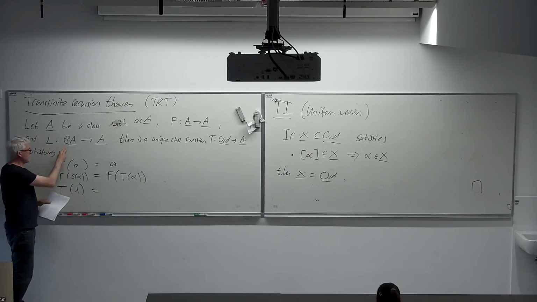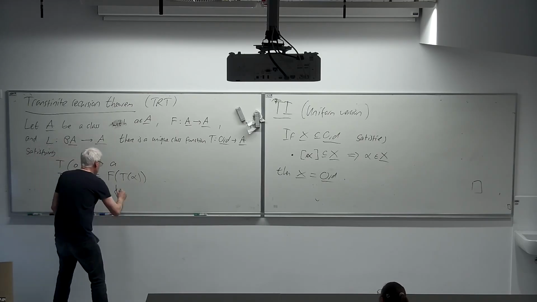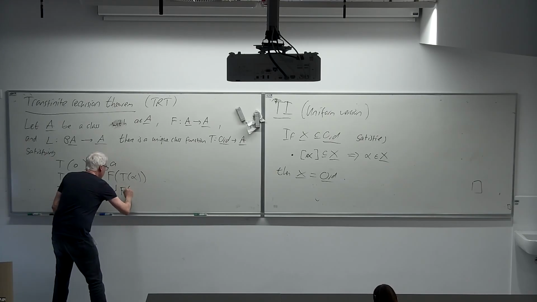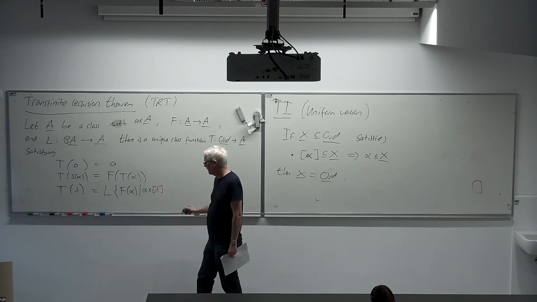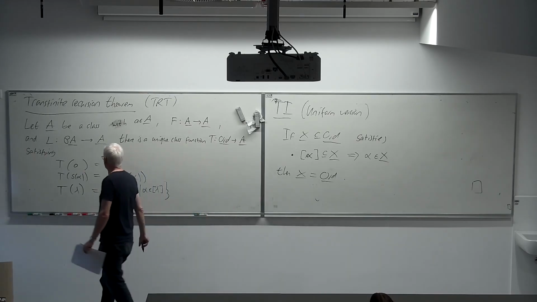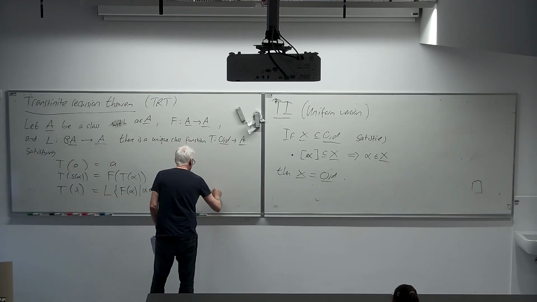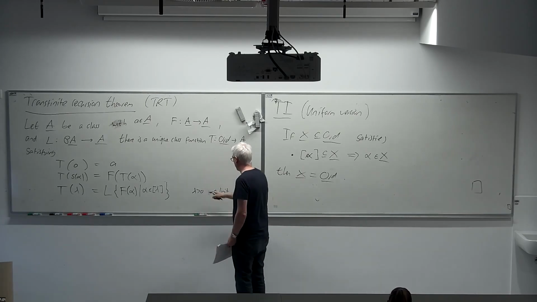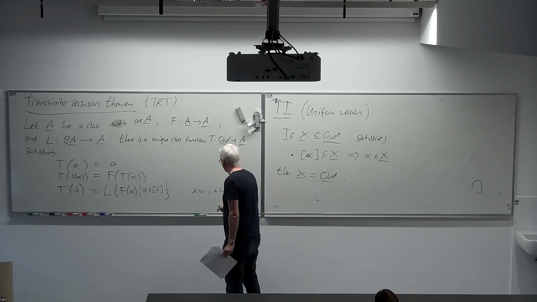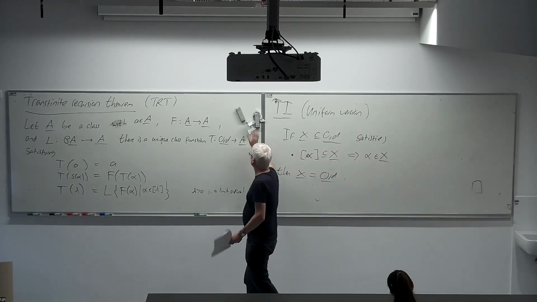We apply L to the set of all T of alpha for all alpha strictly below lambda, where again lambda is greater than 0 and a limit ordinal. Okay, so that's the theorem.